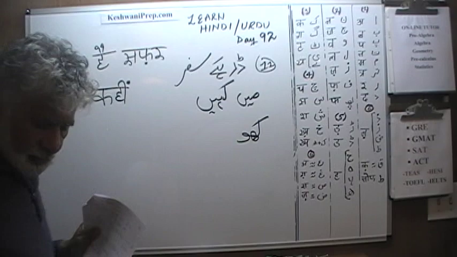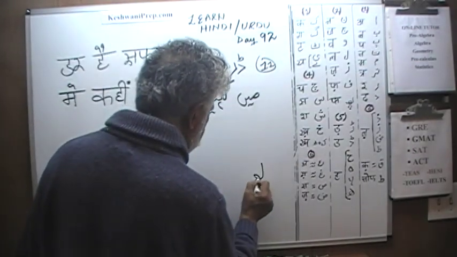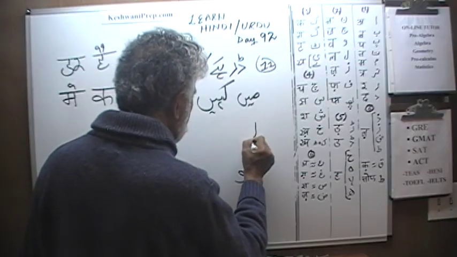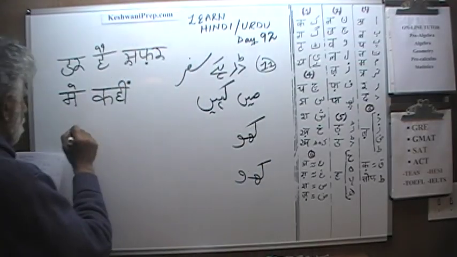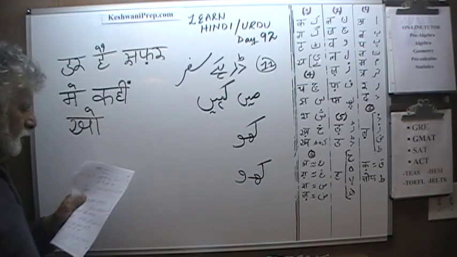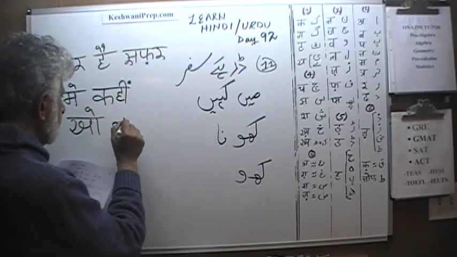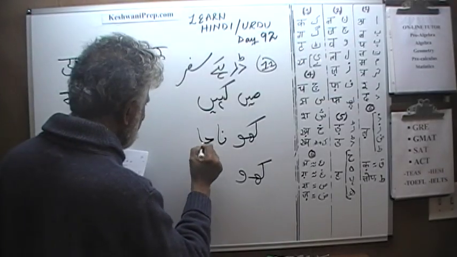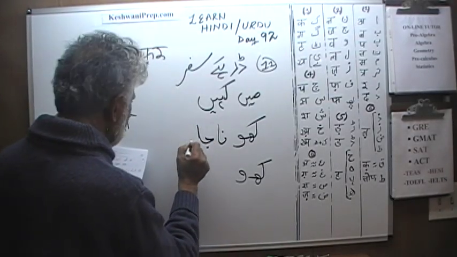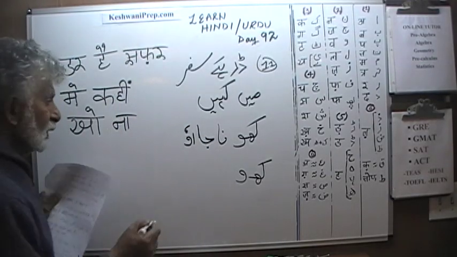Kho. Let me rewrite kho. Kho is k and a wow. Kho. Na. Jaun. Ja. Again, it's not jau, it's jaun.